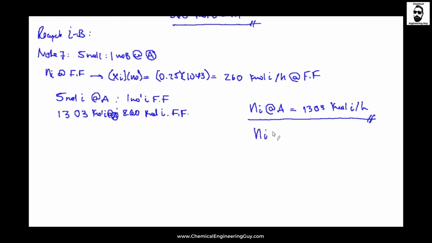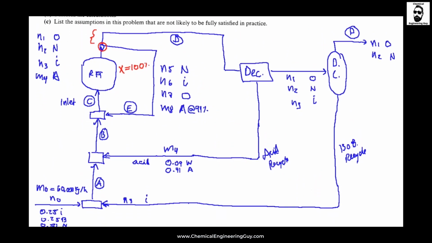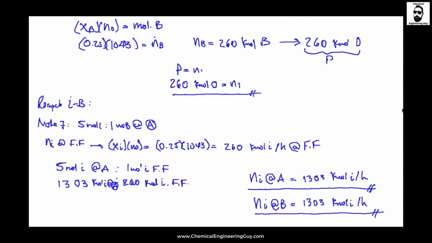So N of I in B is also the same number, because we are just adding acid, and the acid contains no isobutane, so I can suppose that. Okay, we can continue.